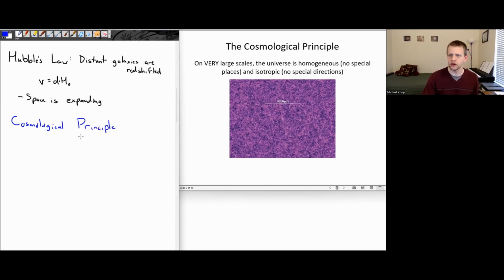These two points are that on very, very large scales, the universe is homogeneous, so no special locations, and isotropic, no special directions.